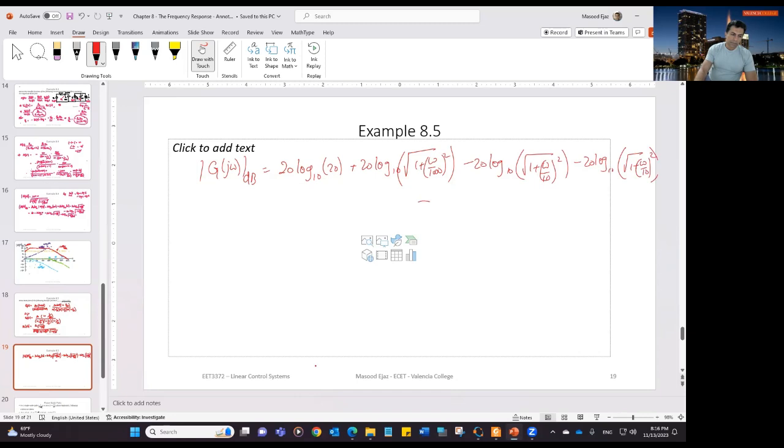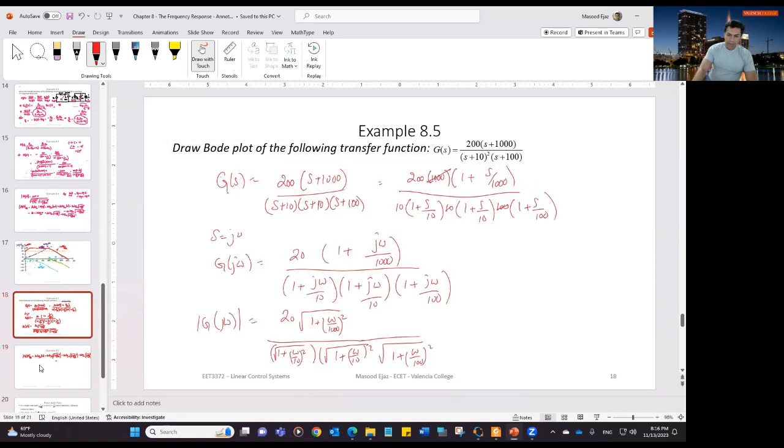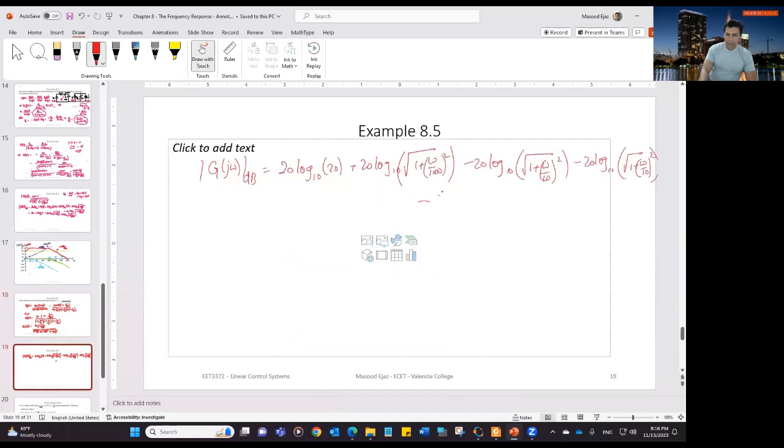And minus the last one, which was 100, minus 20 log 10 of the square root of 1 plus omega over 100 squared.